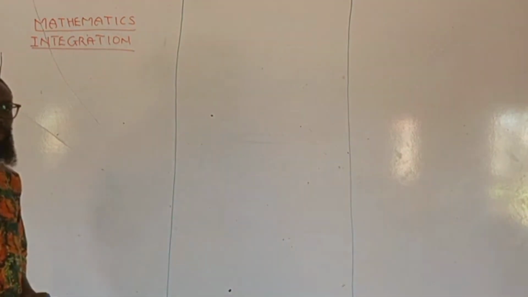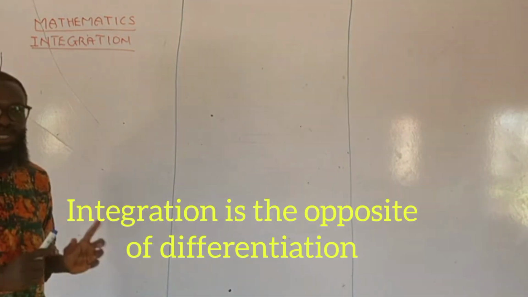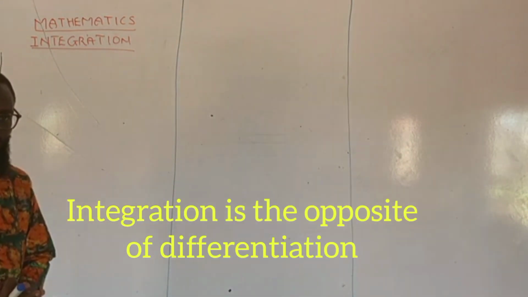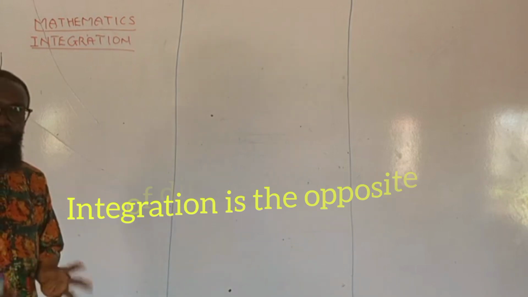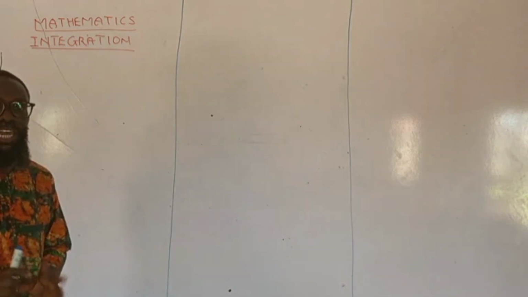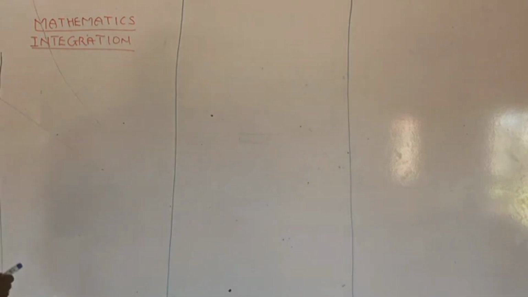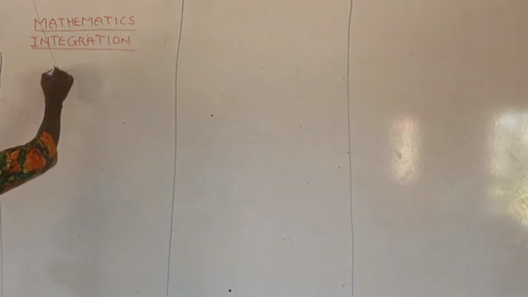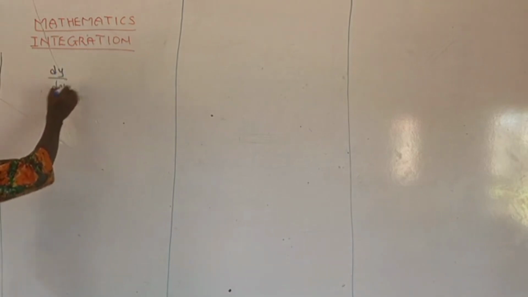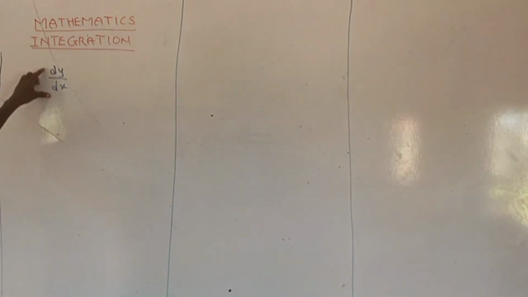Integration, as we know, is the opposite of differentiation, and it is represented by a long S. Generally, after differentiating, we arrive at dy/dx. So this is telling us that we have differentiated a particular function.